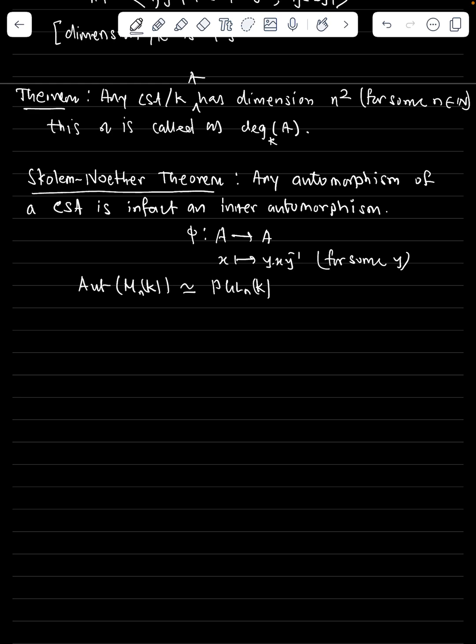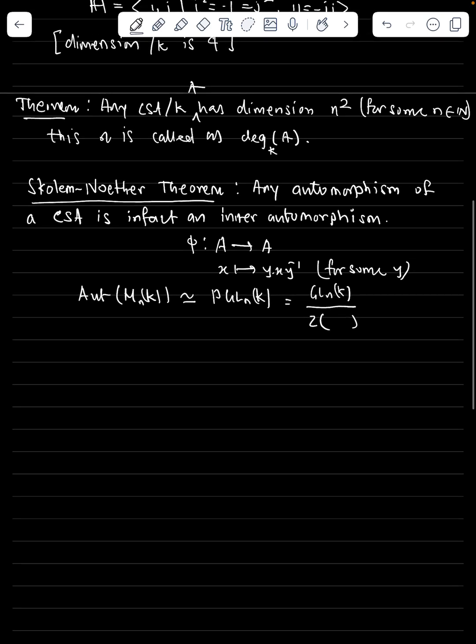And this map is surjective, the last map, because any automorphism is of this form by the Skolem-Noether theorem. And a scalar matrix will go to the identity. Right? And the projective general linear group just means GL_n(K) modulo the center. So that's one statement. This theorem is actually pretty good.